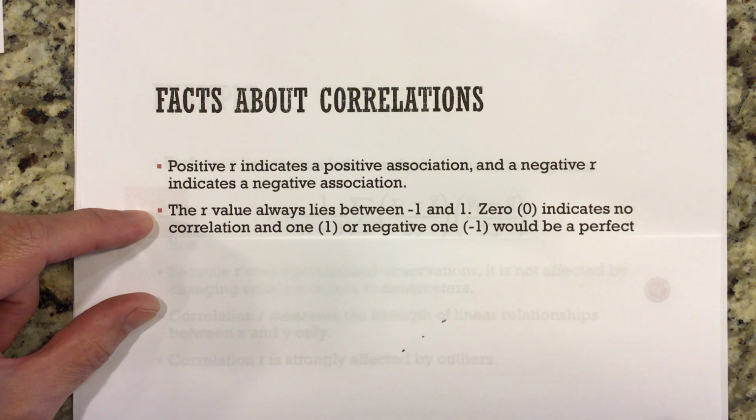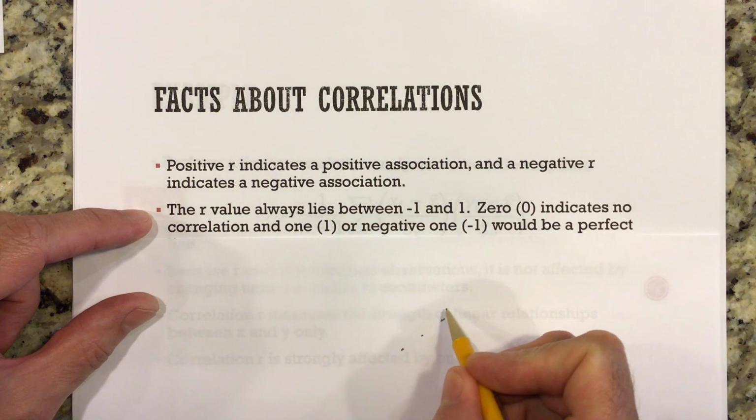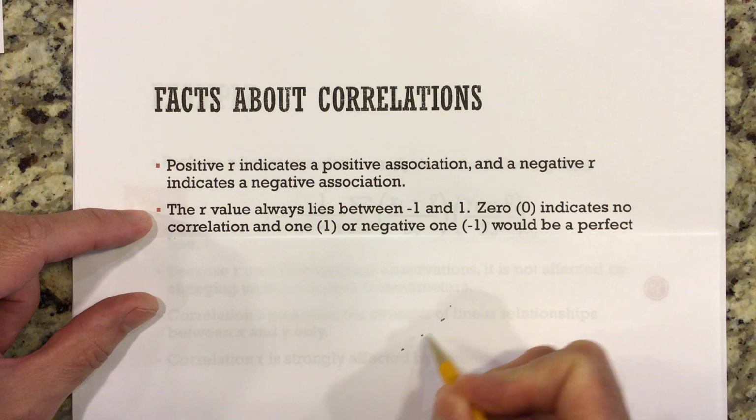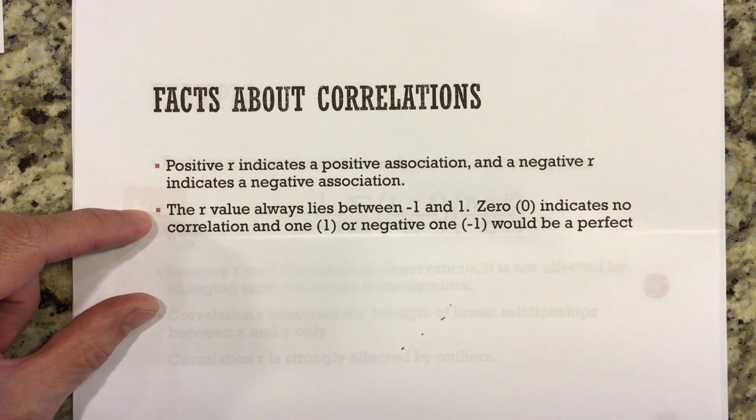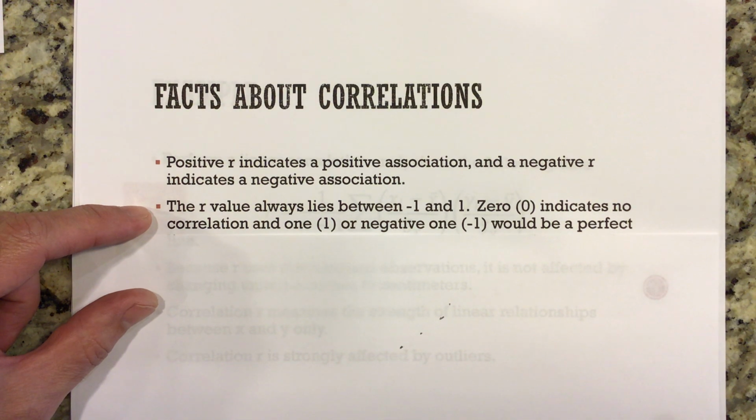Same thing for 3 collinear points with a negative slope. I could get a correlation of exactly -1 only if they're collinear. As soon as I have any variation, some point that's a little bit off, now my correlation's no longer going to be exactly 1 or exactly -1 if it has a negative slope. So the closer your correlation is to 1 or -1, the stronger your data fits a straight line.